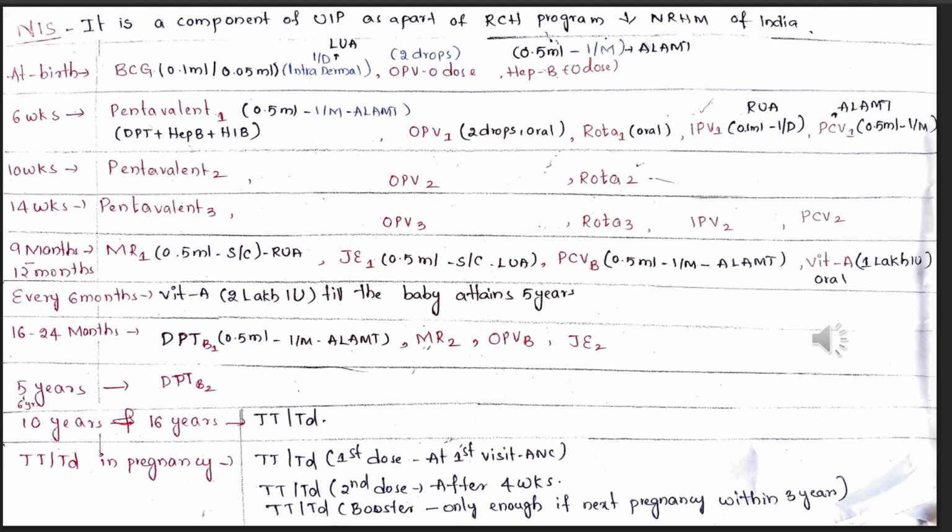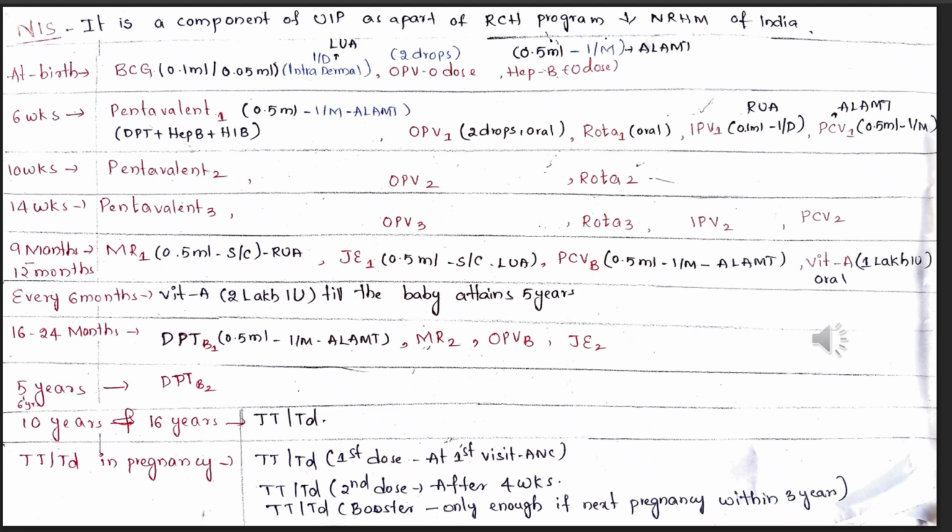But nowadays in place of TT we are giving TD. Along with tetanus, diphtheria is also given, in a single vaccine. So at 10 years one dose we are giving, and at 16 years of age also we are giving tetanus and diphtheria. So from birth till 16 years, this is what the national immunization schedule covers.